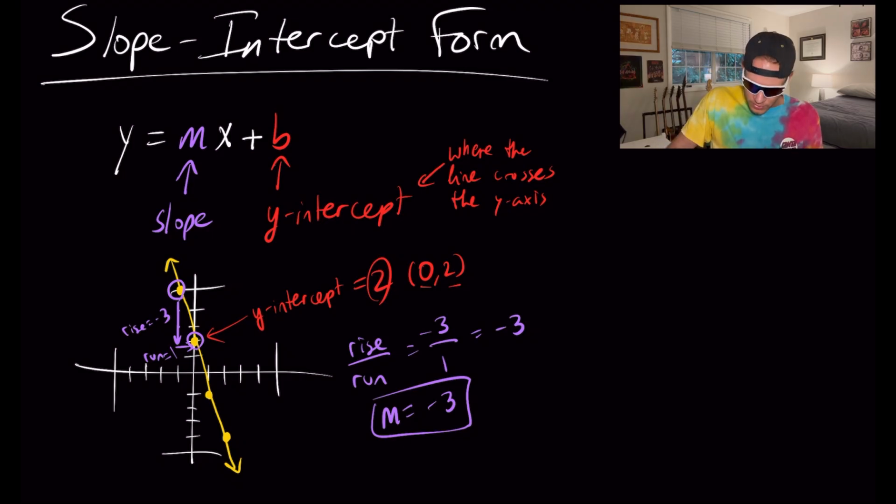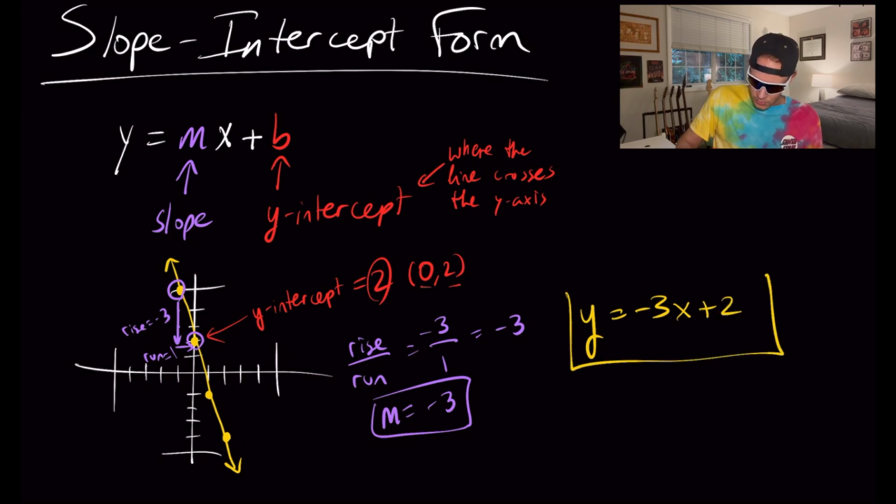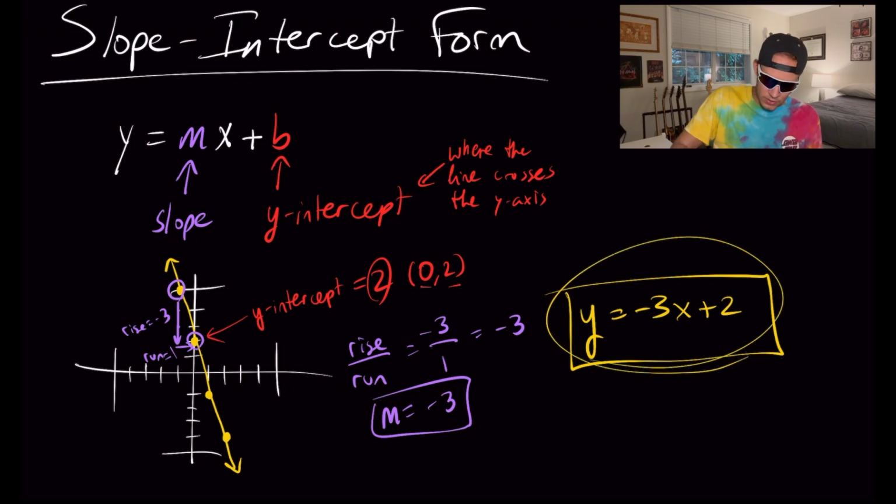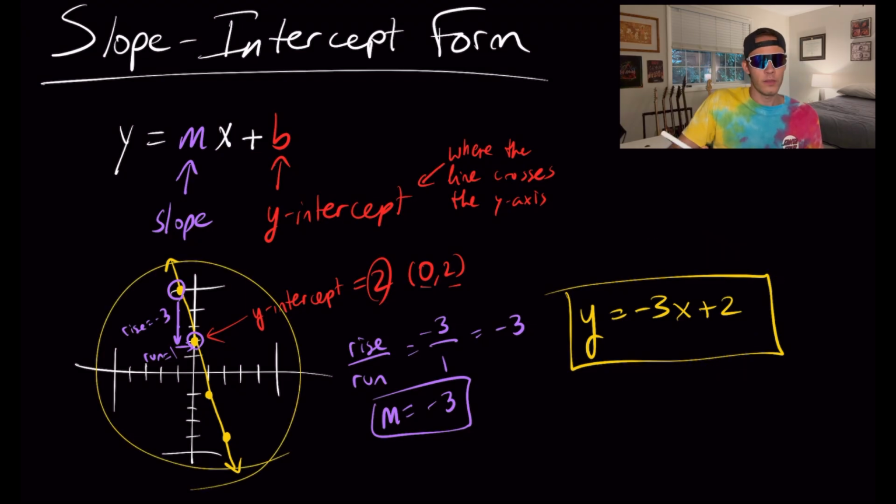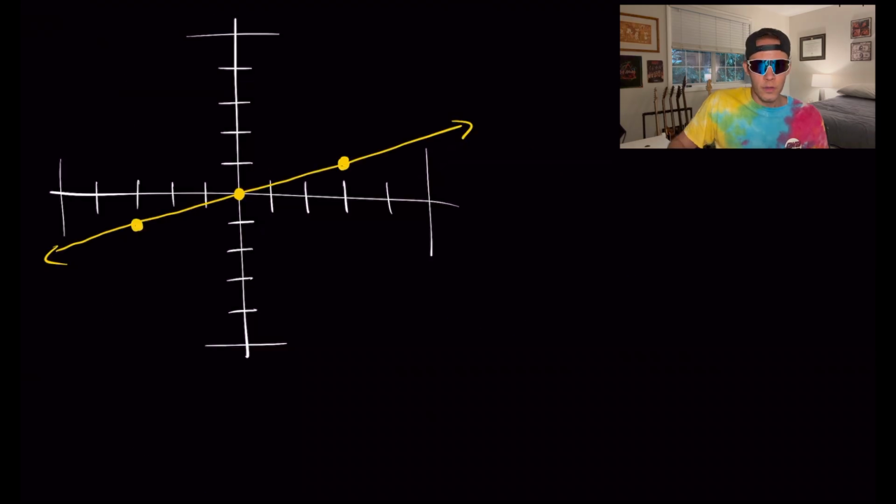Now we can just write the equation, which is just plugging in these values, right? So we have y is equal to m, which is -3, then we have x, and then what's our y-intercept? It's 2, so it's going to be +2. So this is a very easy and straightforward way to get your equation from the graph of the line that you're interested in. Okay, here's another one.